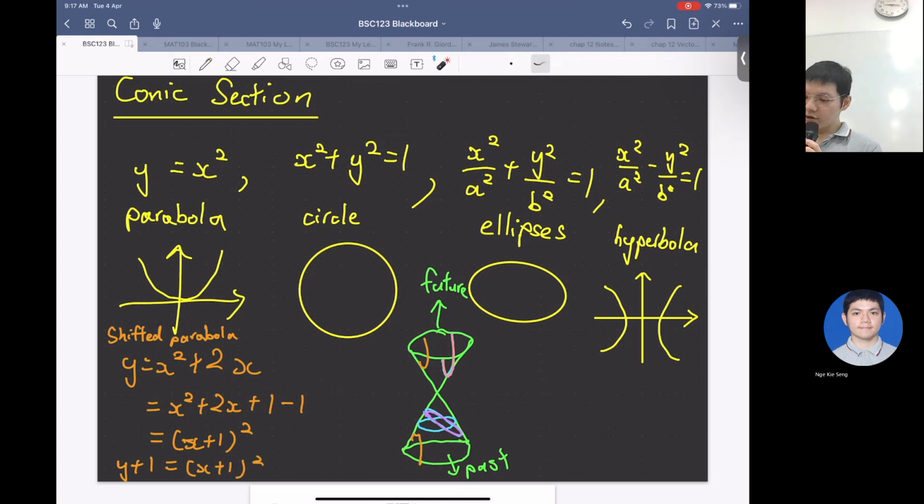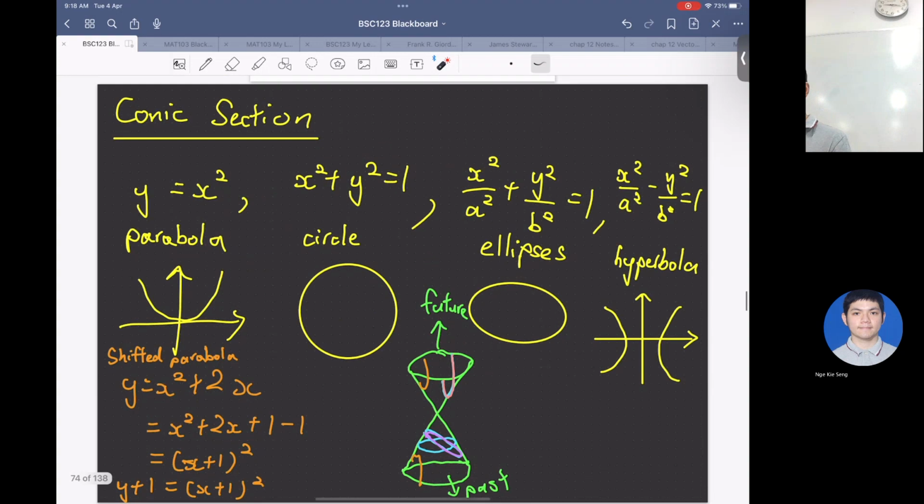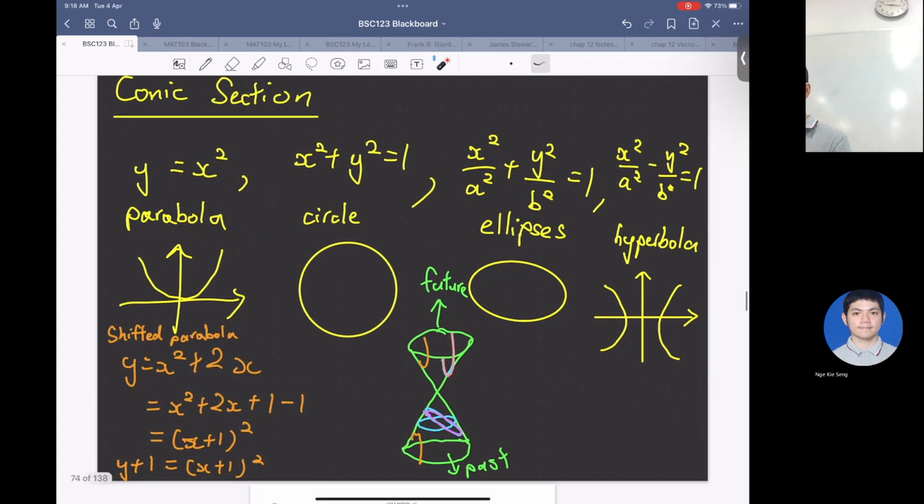So it goes back to this form, y equals something squared, shifted in the y direction as well. Make sense or not? So you cannot go between these curves, but within themselves, you can go between.